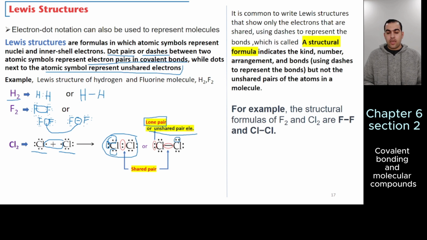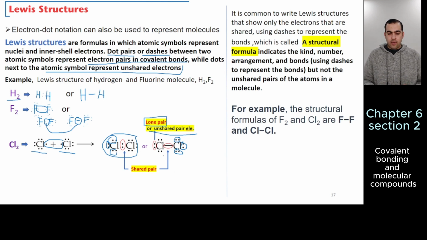So each chlorine has 3 lone pairs. It's important, guys, to know lone pairs. Lone pairs are electrons which are not shared between 2 atoms. Each chlorine here has 3 pairs of electrons. 3 lone pairs means 6 unshared electrons, or 3 unshared pairs of electrons.